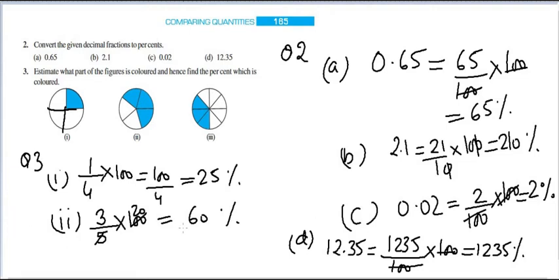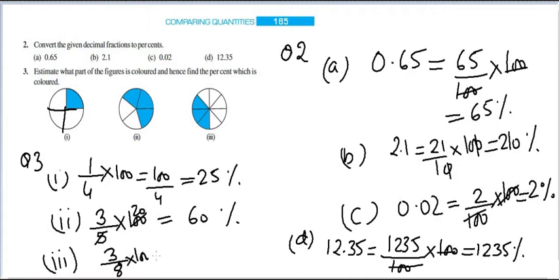Now see the third part also. In the third part you can see 3 parts are shaded out of 8.